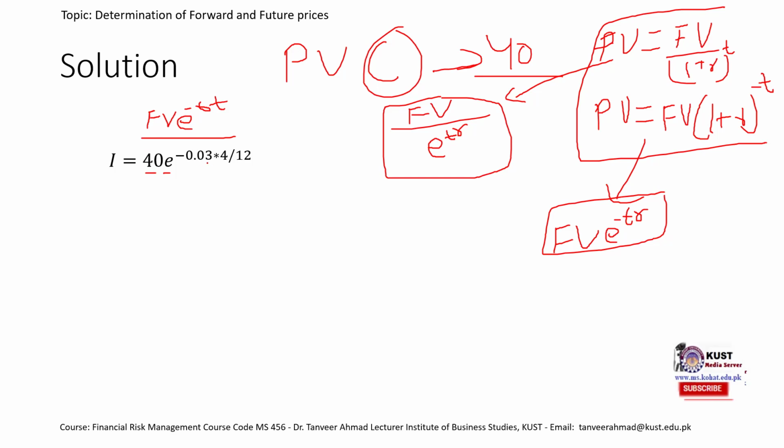So the interest rate was 3% or 0.03, with a minus sign as in the formula, into number of months divided by 12. This would give us the value of 3.96. This is the present value of the interest amount that we would receive after 4 months.